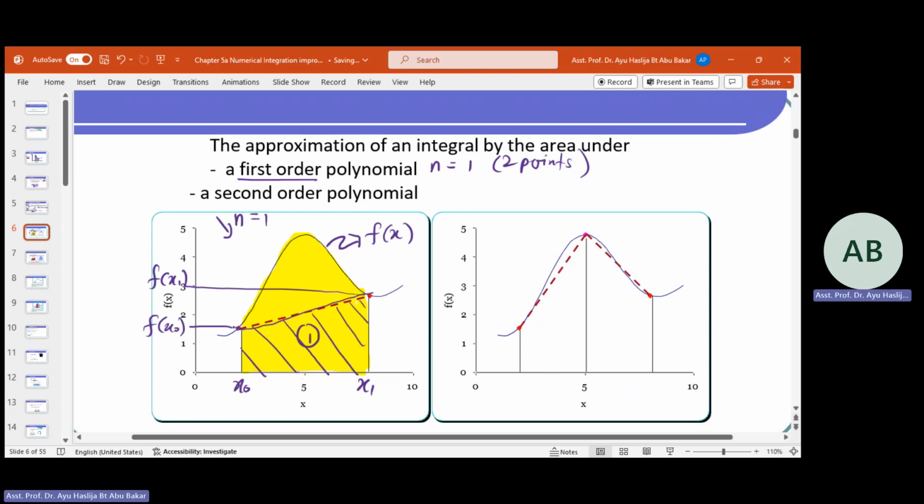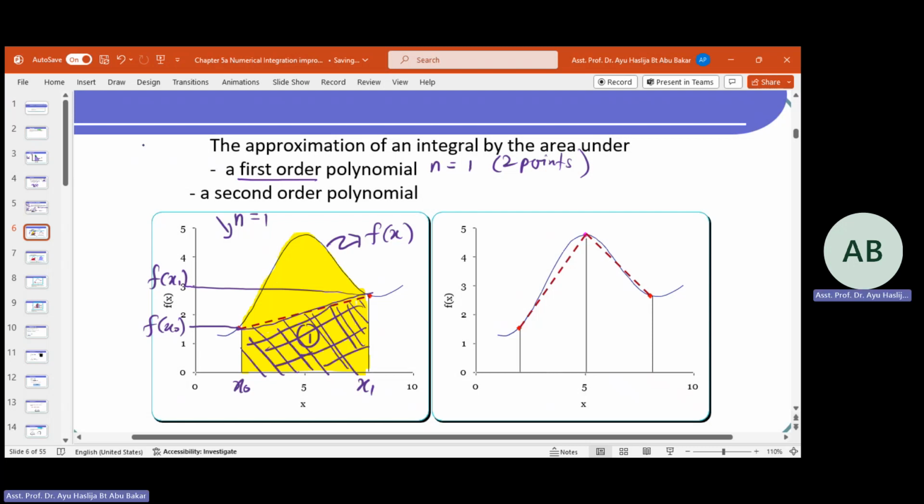Whereby the actual area under the curve is the one covered in yellow color. But using numerical integration, we only cover this area. We can only calculate this area.